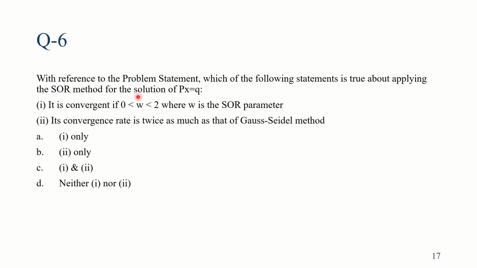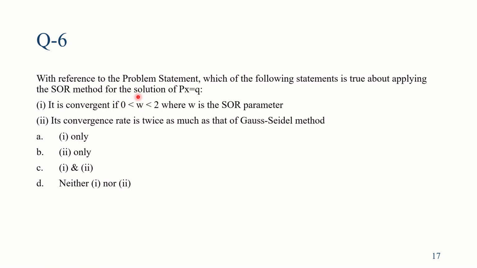So we have a problem statement and which of the following is true about the SOR method. SOR is nothing but the successive over relaxation method where omega is the factor. If omega is between 0 and 2, we can say that it would converge. But apart from that, we cannot say that convergence rate is in any way linearly proportional to the omega value.